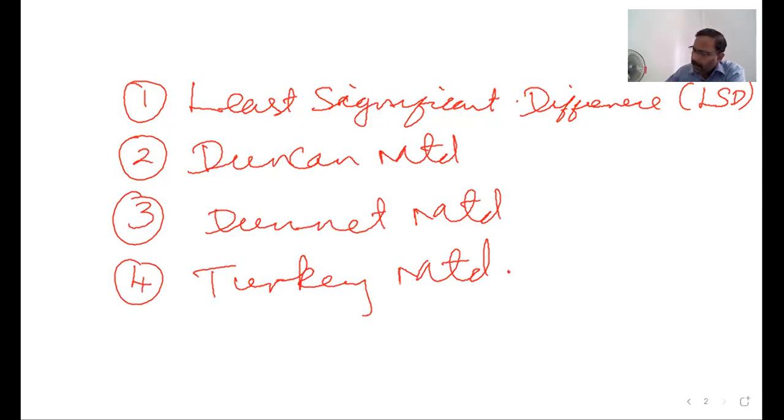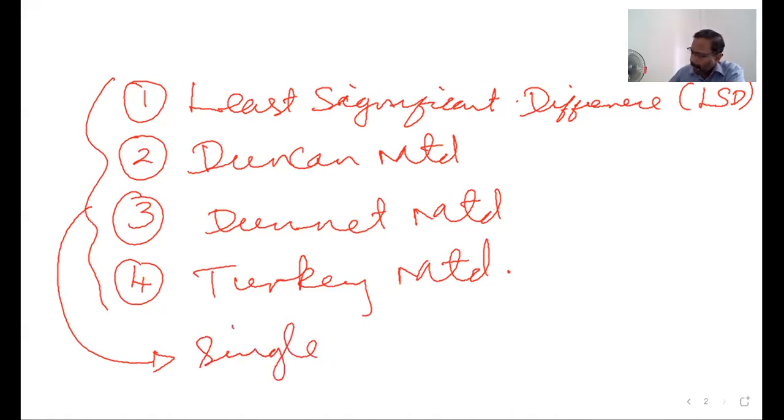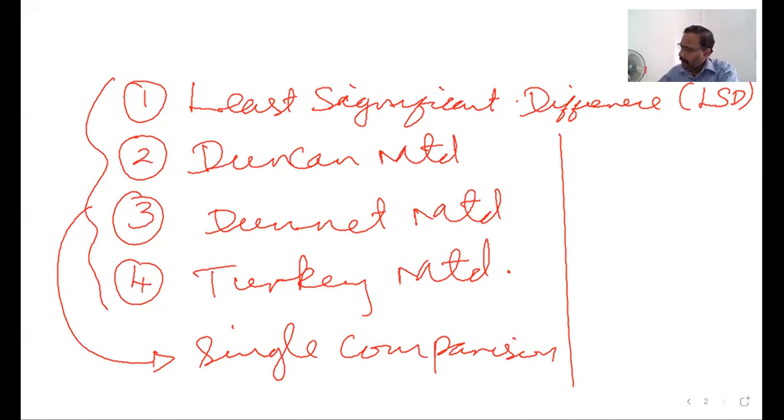So all these methods are based on single comparison. What do you mean by single comparison? I have 4 treatments, let's say T1, T2, T3, T4. This is milk yield, as we said in the earlier example.